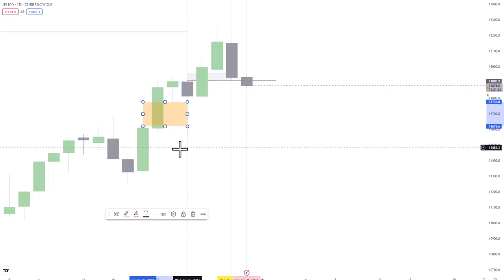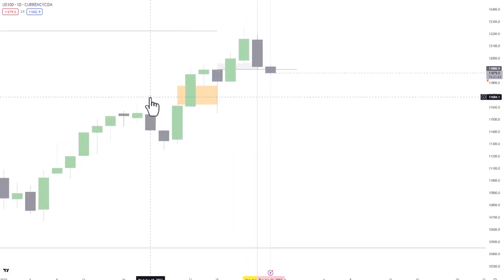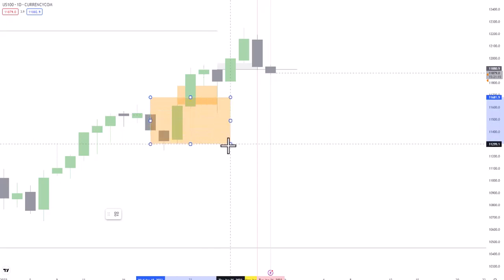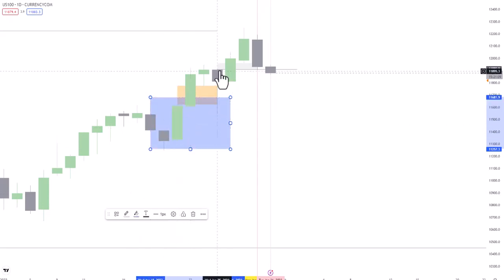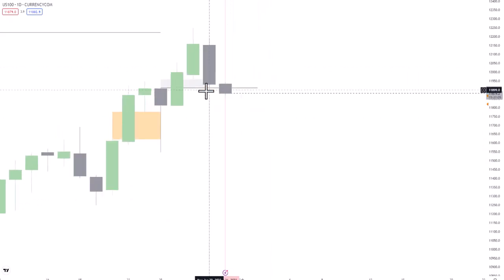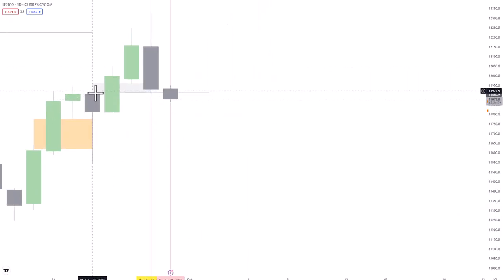Price tapped into this daily order block, where the candle and the colors change, then rejected. I outlined that order block with a horizontal line. You see it here, setting price to dump into it.